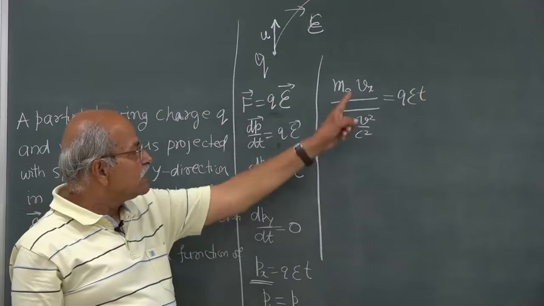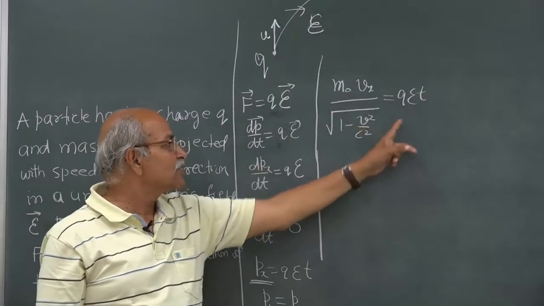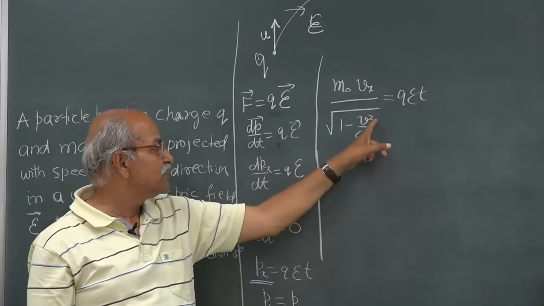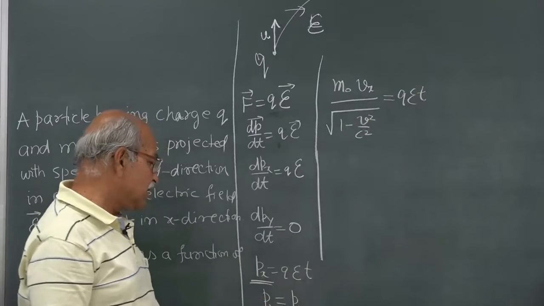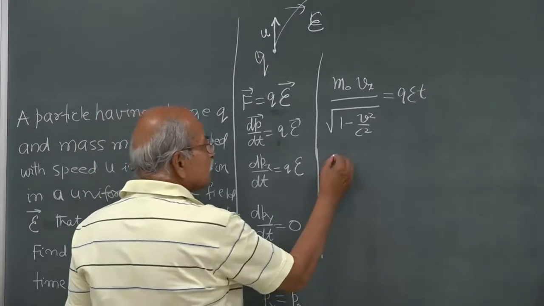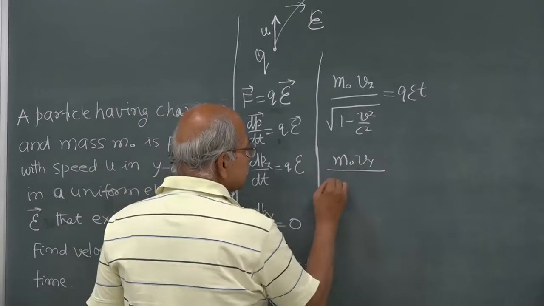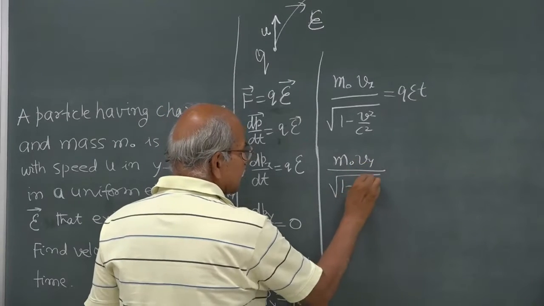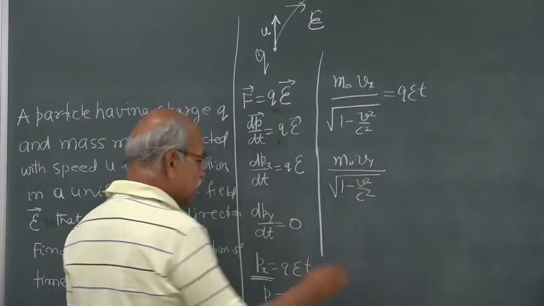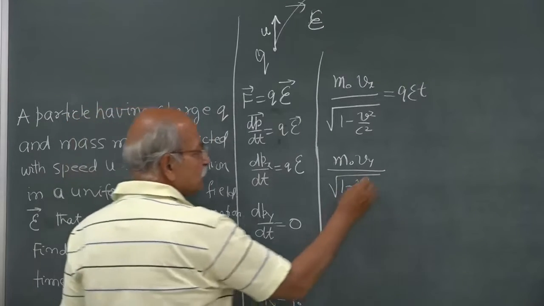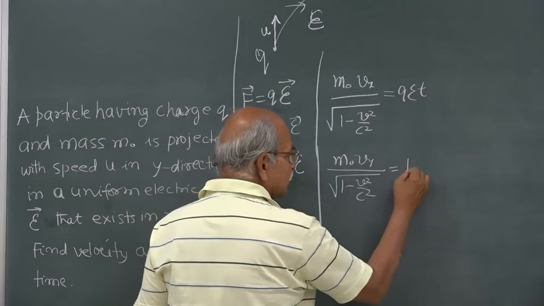So, from here getting vx as a function of time is not trivial, because vy is involved here, and similarly py is p naught, but py is m naught vy divided by square root of 1 minus v square by c square, and that is equal to p naught, constant.